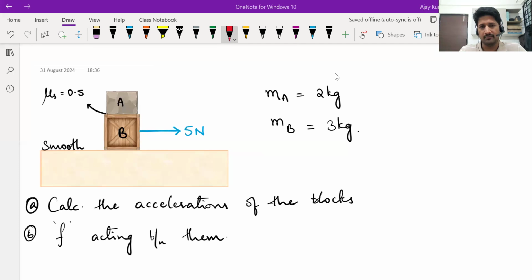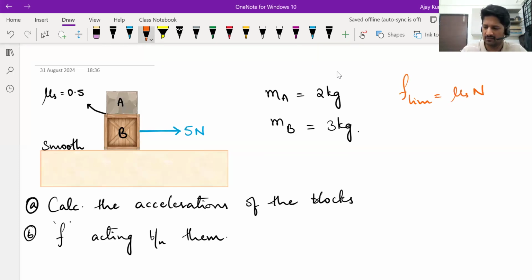Where did you get 15 from? Sir, 3 into 5, like 30 into 0.5, the normal force of B. Again, why are you doing 30 into 0.5, Saket? Because we are only considering block B, sir. Okay, I think you and Rishi, both of you, must be using this formula: limiting friction is mu s multiplied with N, right?